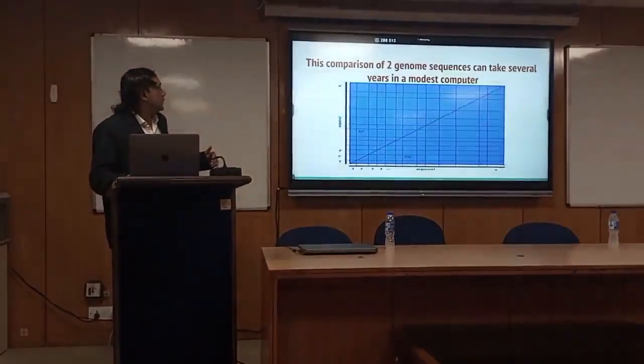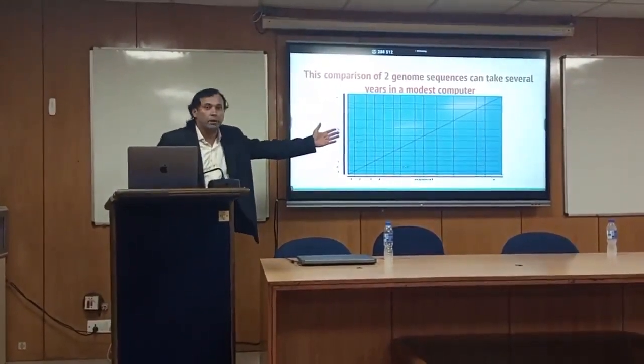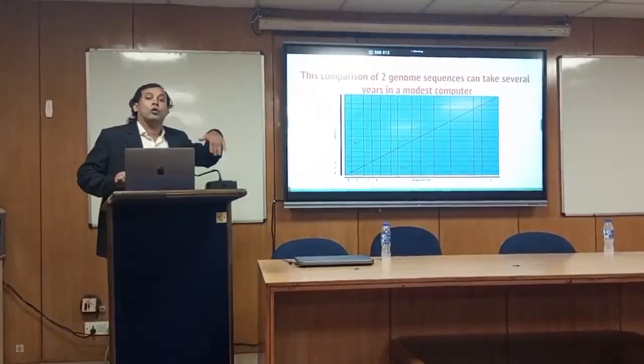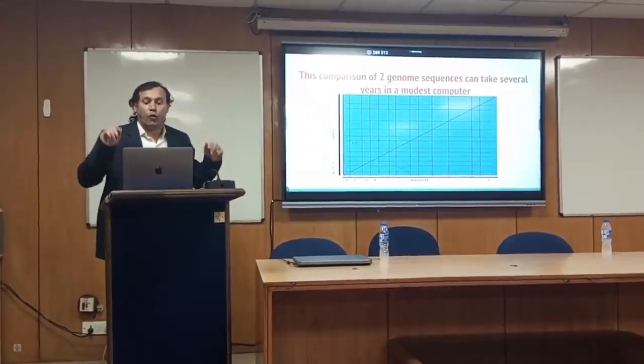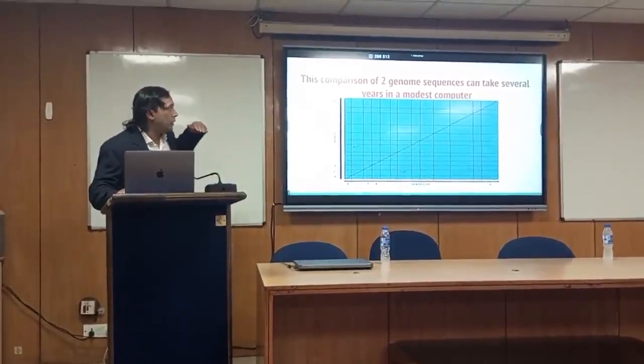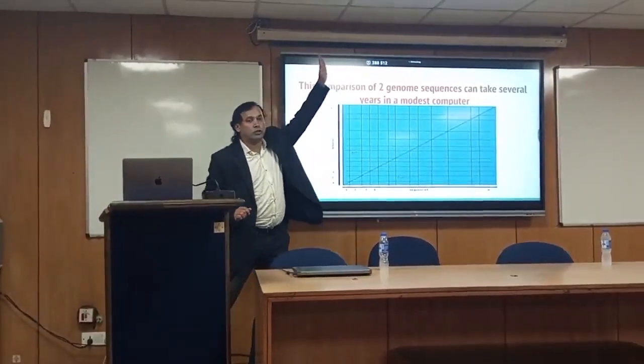So as you can see, these sequences are in the order of gigabytes, and the computation is all of the order of exponential format, the big O format. I won't get into the computational side of things, but usually the time goes up like this in exponential format.